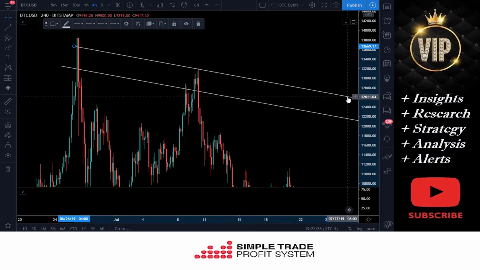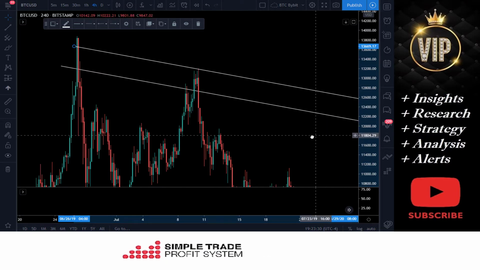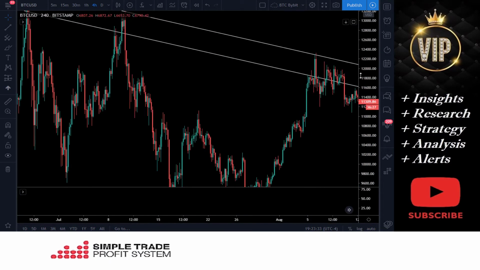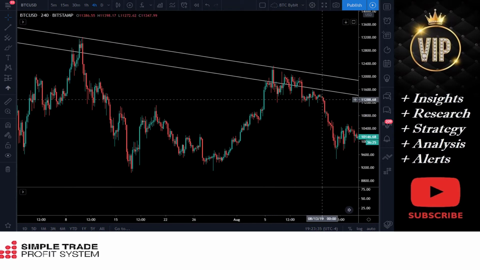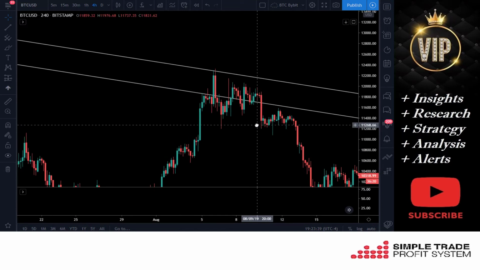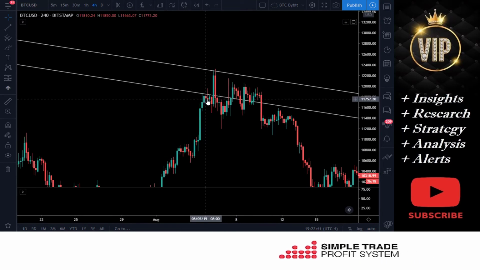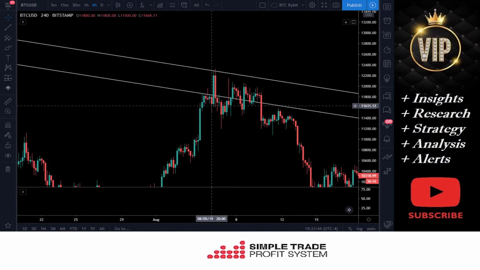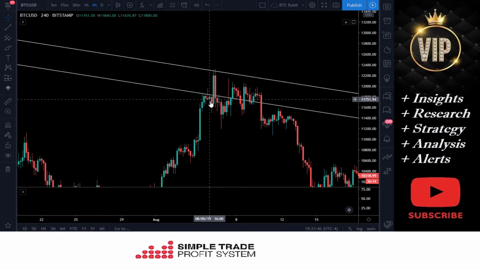We probably would have drawn it out to right here at this point. And then as price continued to go, we would have continued extending it. But look at how price reacted to both of these lines. So it was rejected strongly right here with that big wick candle, came down.